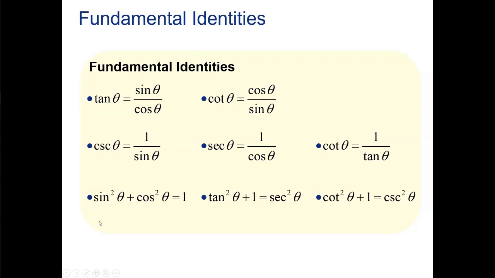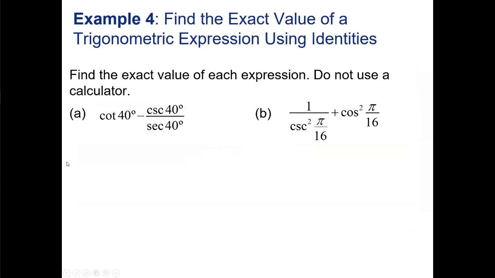Okay, so that might be something to save along with your unit circle. Okay, so we're going to find exact values of these expressions, and we're not going to use a calculator.